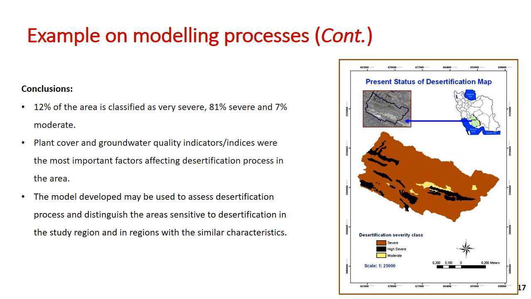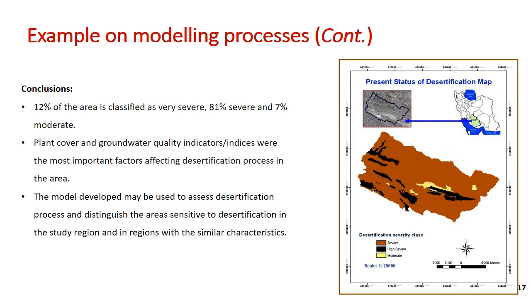Based on the results, they found that 12% of the area is classified as highly severe, those are in the black color, and 81% of the area is classified as severe, and 7% as moderate.